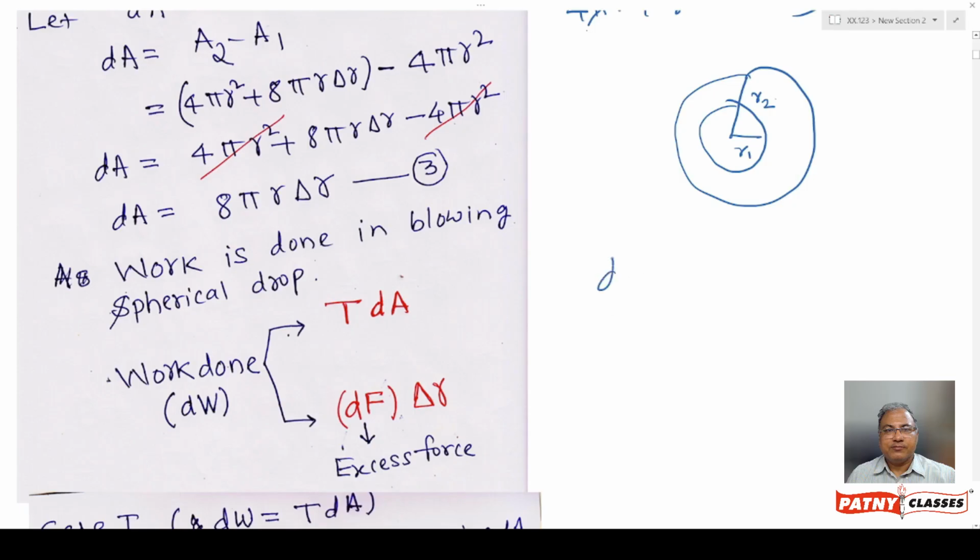So first we will find dW equals surface tension into increase in surface area, and we can also calculate the work done by excess force multiplied by the change in the radius of this drop due to the increased inside pressure.